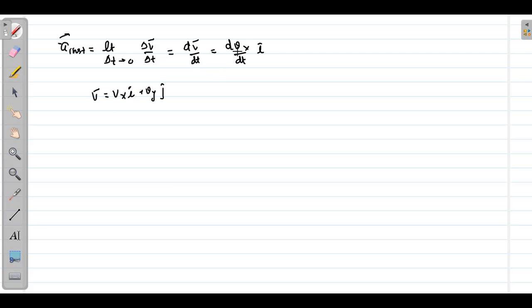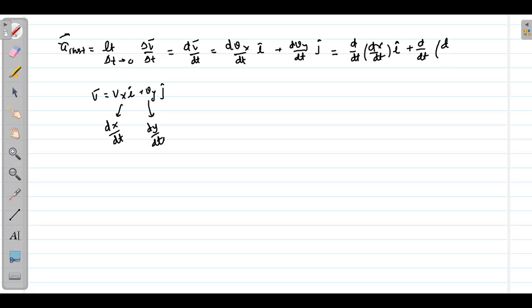We can write it as dvx by dt i plus dvy by dt j. And because vx is the x component of the velocity, it can be written as dx by dt, and vy can be written as dy by dt, which we have already written. Hence, it is d by dt of dx by dt i plus d by dt of dy by dt j.